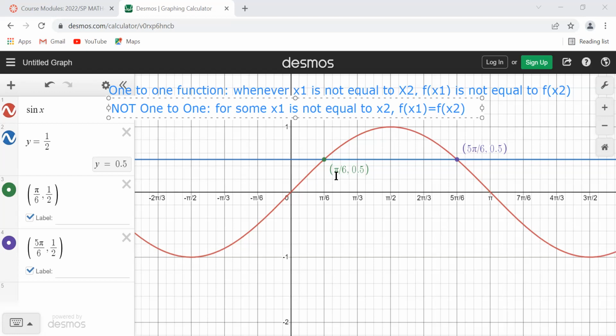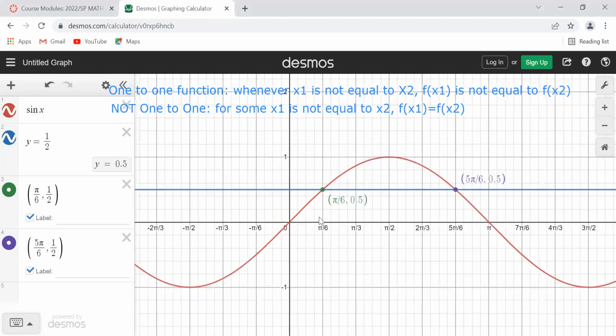Now, in this example, in the sine case, we can see x1 equals pi over 6, the arc length pi over 6, and the arc length of 5 pi over 6.